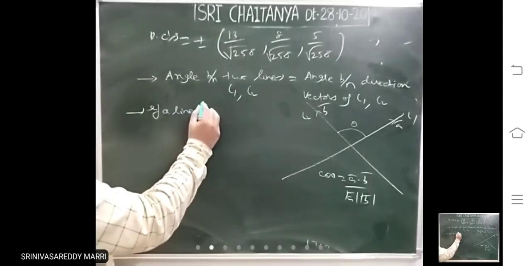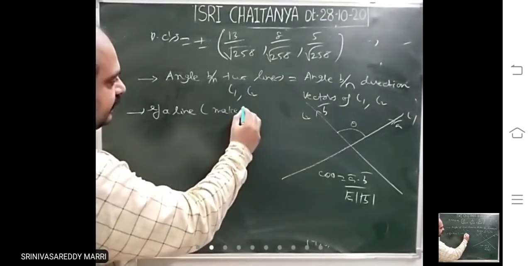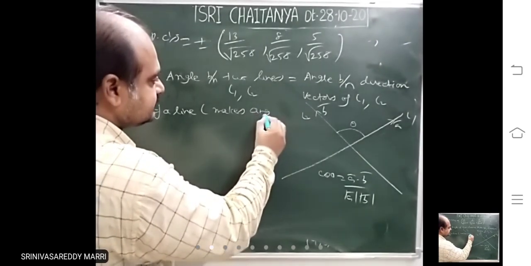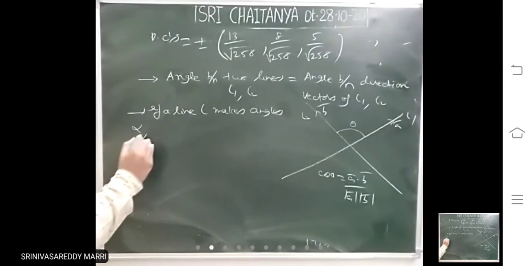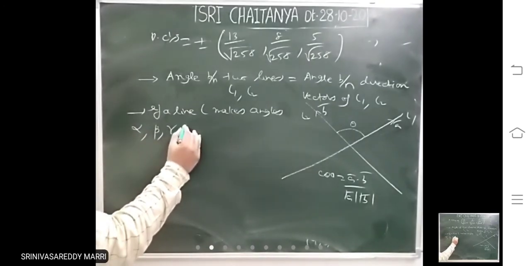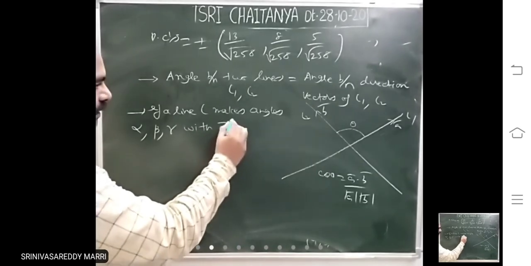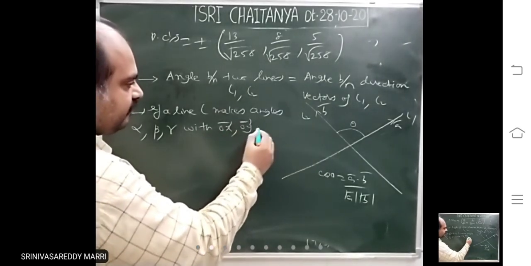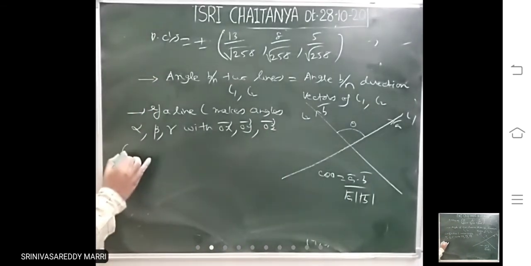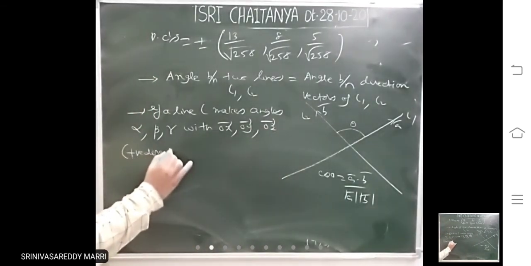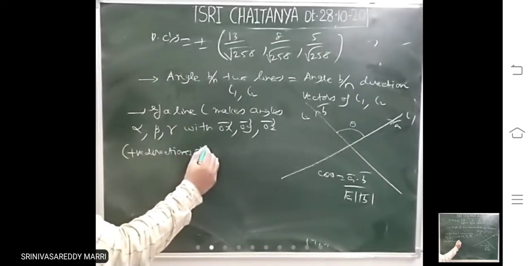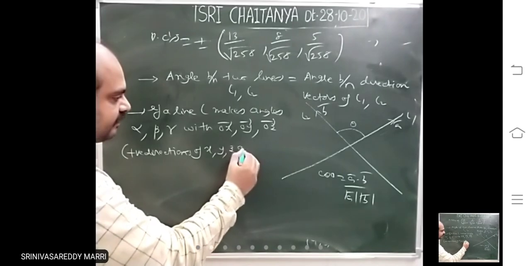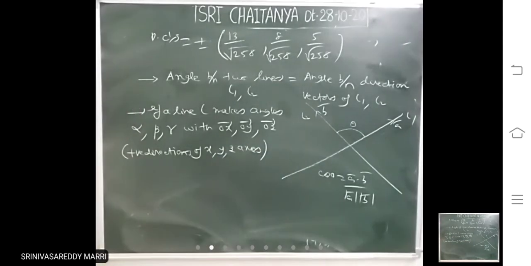Suppose a line L makes angles alpha, beta, gamma with OX bar, OY bar, OZ bar, the positive directions of x, y, z axes.